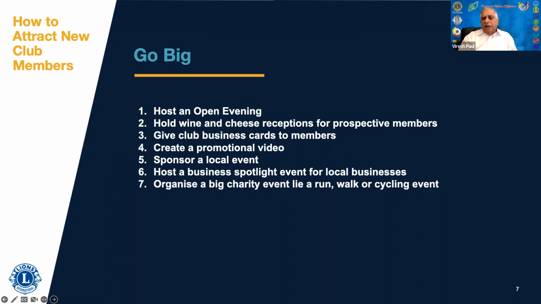Ooh, now we're getting big. Organize a big charity event, like a run, a walk, or a cycling event in your local community. That will get your name about. That'll bring people asking how they can join you. And then widen the scope. You can have different age meetings or events for different age group peoples.